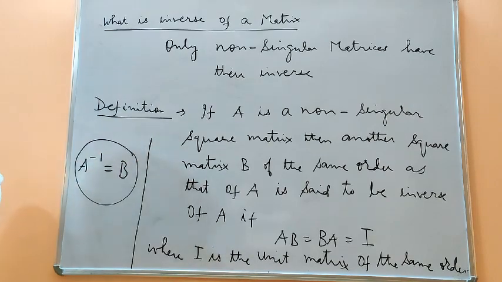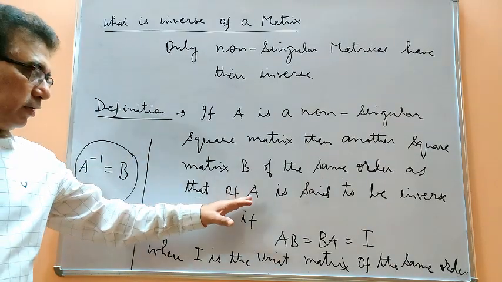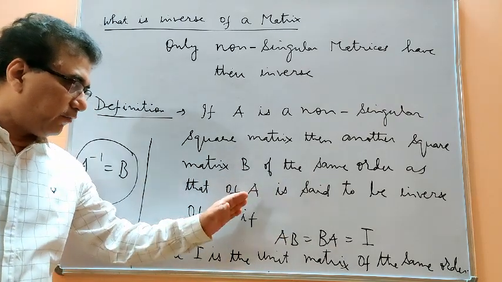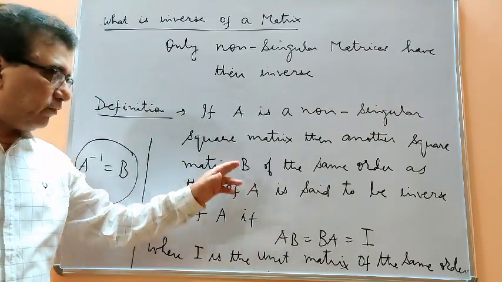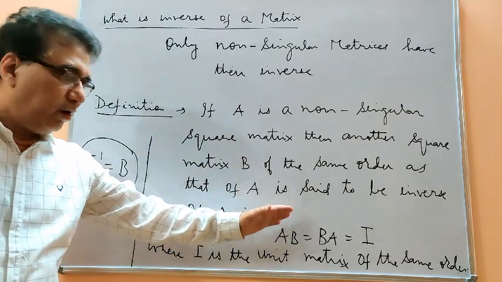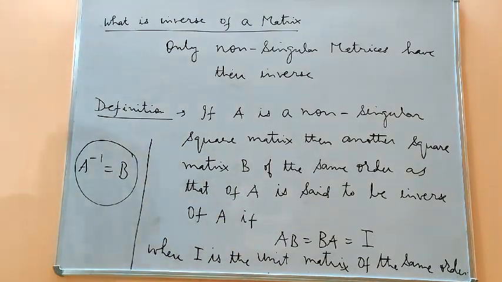So this is the definition. Now we find that the order of B, which is inverse of A, and order of I and order of A, all are the same. If one is 3 by 3, then all others will also be of order 3.